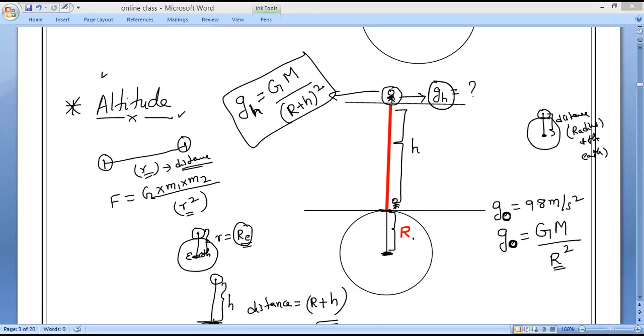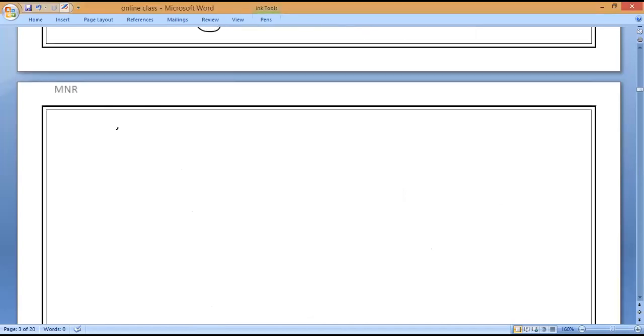Let us discuss now. Everybody write this formula. At the surface, g naught is equal to capital GM divided by R square, where R means the radius of the earth. Please remember that.